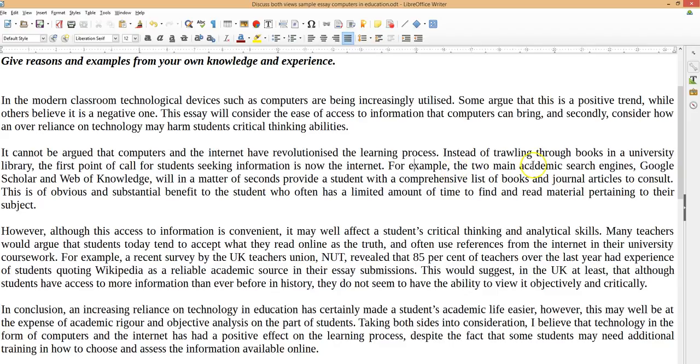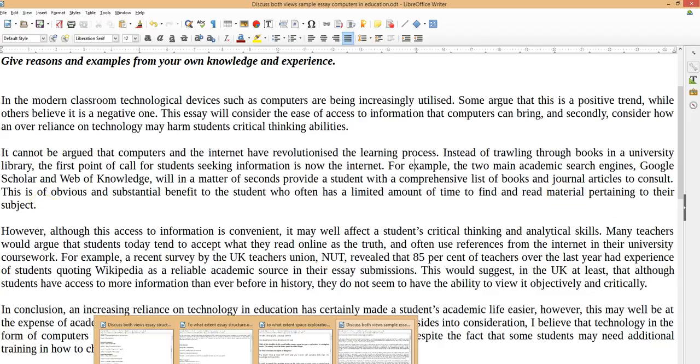For example, the two main academic search engines, Google Scholar and Web of Knowledge, will, in a matter of seconds, provide the student with a comprehensive list of books and journal articles to consult. This is of obvious and substantial benefit to the student, who often has a limited amount of time to find and read material pertaining to their subject.